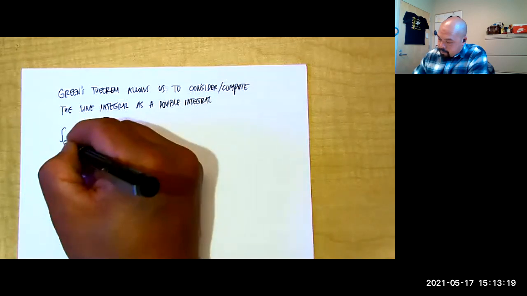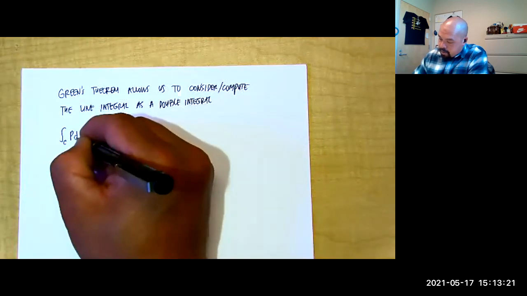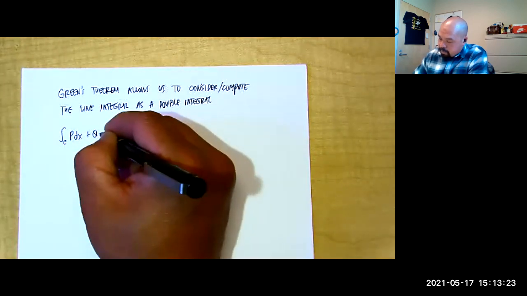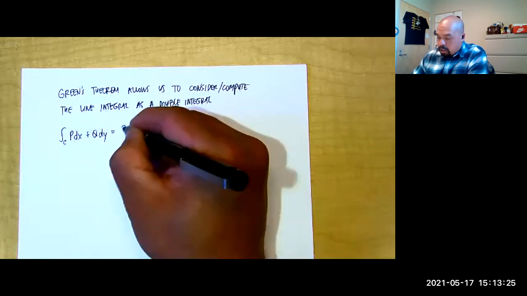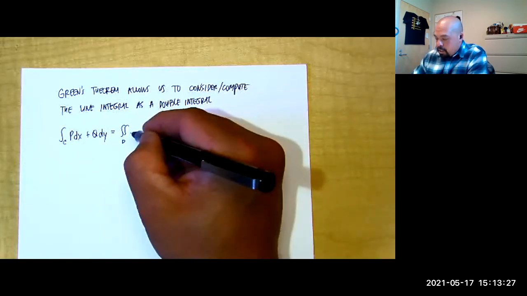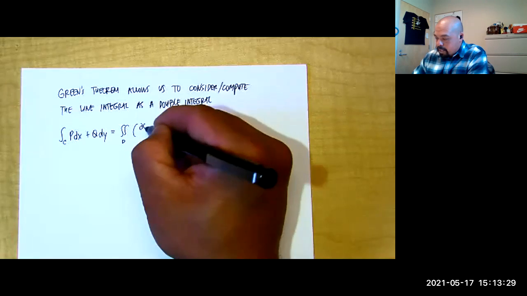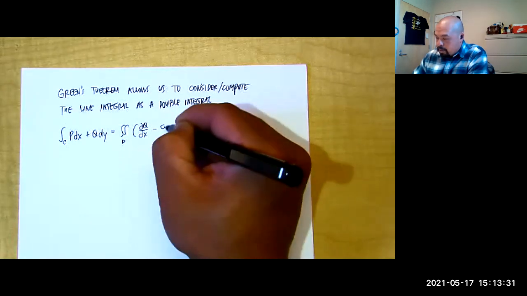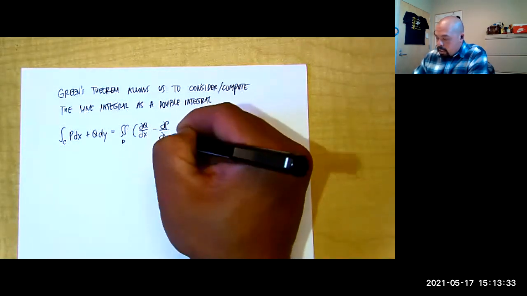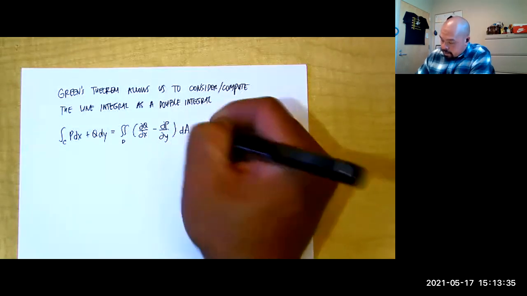Okay, that setup, as long as we can identify that region D, take the partial Q with respect to x, partial P with respect to y, dA.